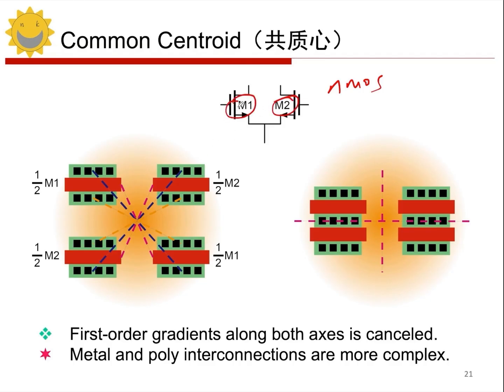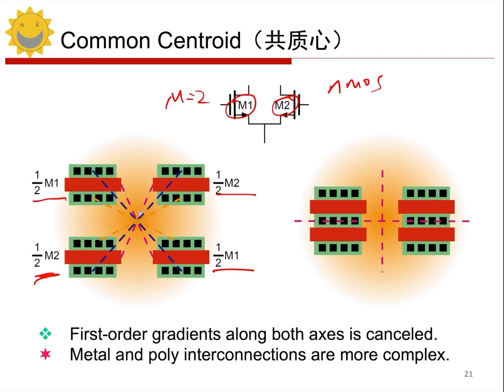Right. When we split it, what do we get? M equals 2. So in this way, we place the 2 M1 transistors here. And this means their aspect ratio has become half of the original, right? This is 1/2 M1, and this is another 1/2 M1. We arrange it this way. And M2 is placed diagonally. This is 1/2 M1 and this is 1/2 M2.